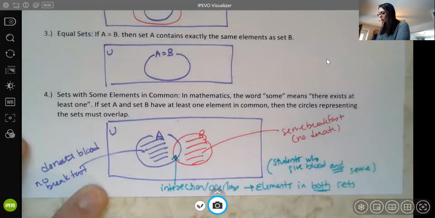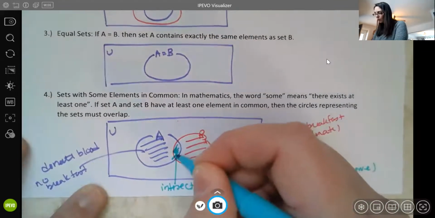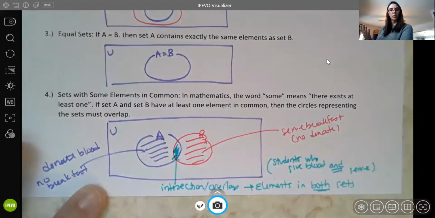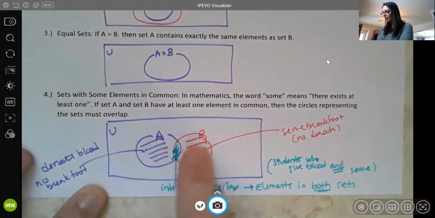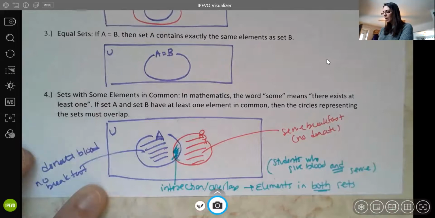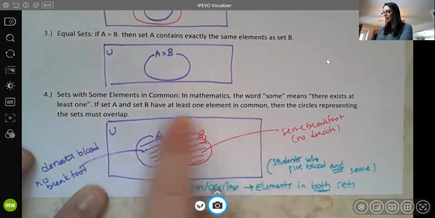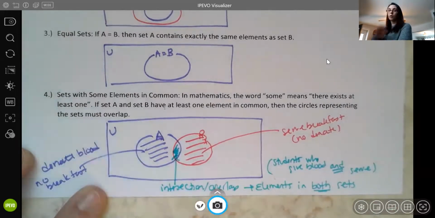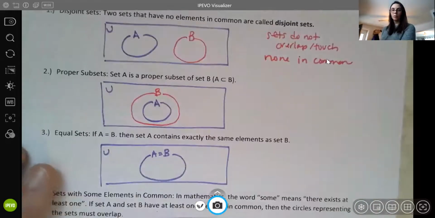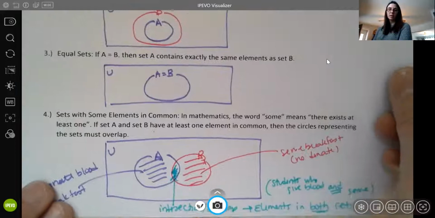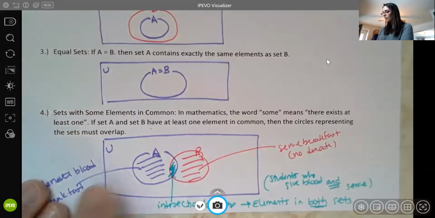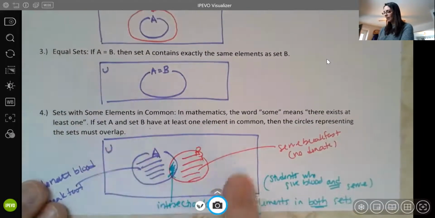Okay, so just that group in the middle are the ones who are in both categories. So those are the students who are willing to donate and also help serve breakfast. And those who are not overlapping are outside that. Now, beyond your A and your B, anything in the outside universal set would be students who are totally not interested at all, right? So those would be students who are not donating blood and they're not going to help serve breakfast. So they're not interested in the blood drive, lying outside here in the outer regions.